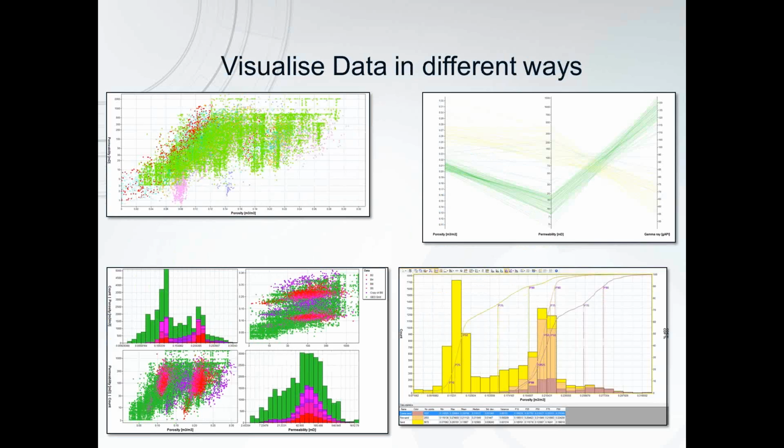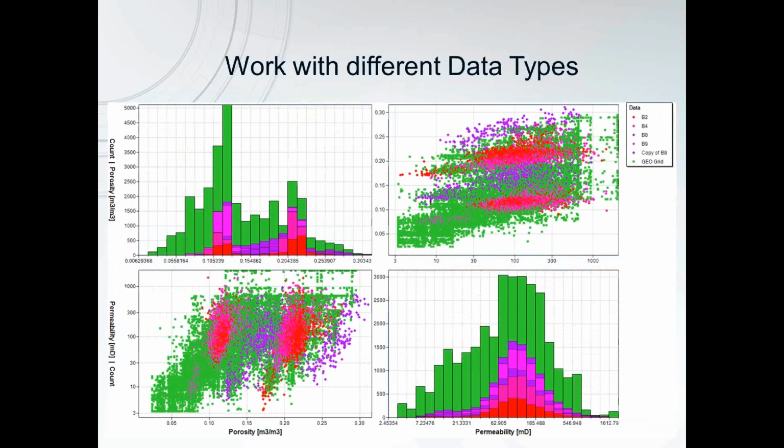I've shown that the GDI has different ways of visualizing data. So we have matrix plot, histogram, and parallel coordinates plot, which can all expose different elements in your data. I've shown that you can work with different data types together. So in my example, I used a model together with well data.